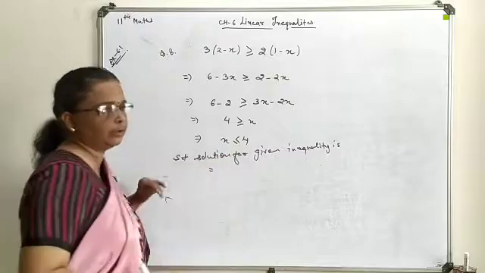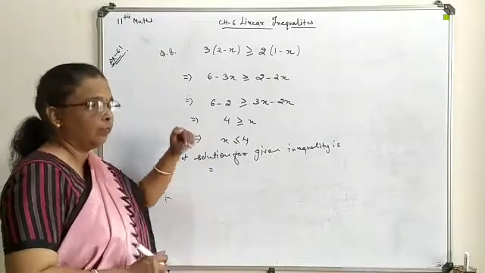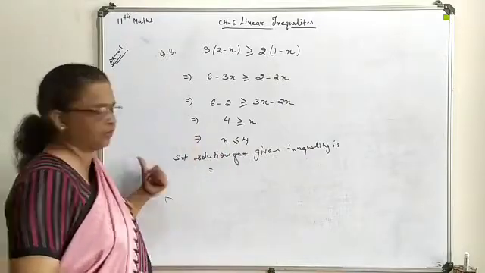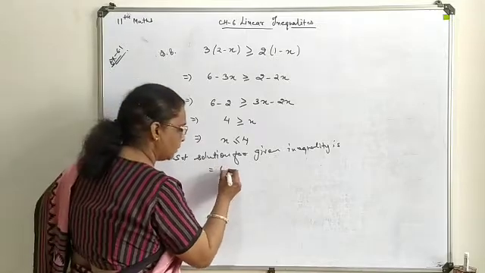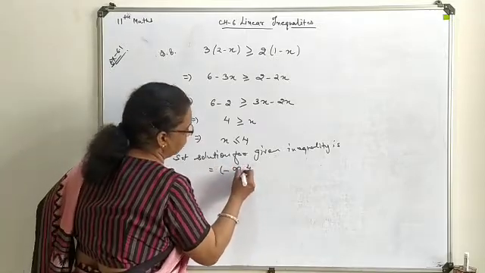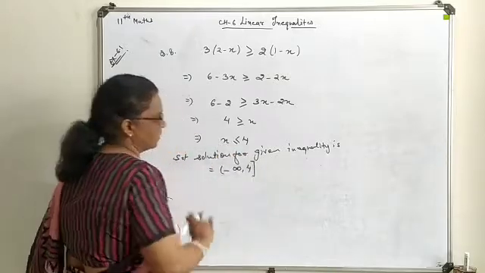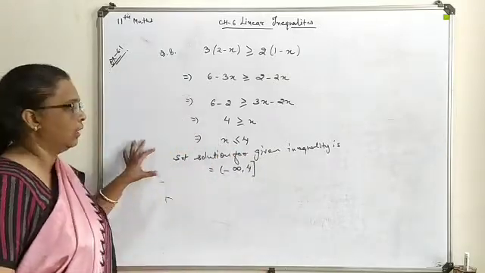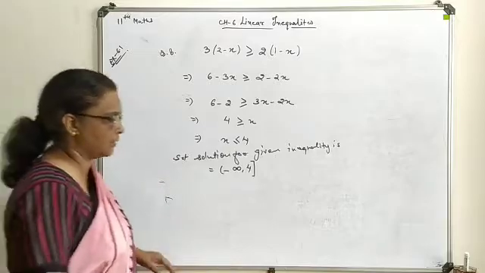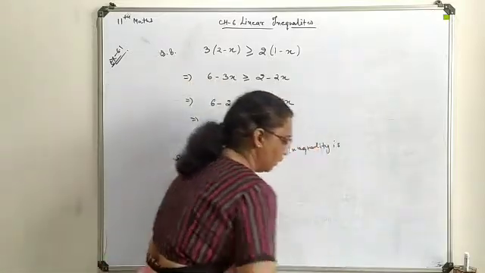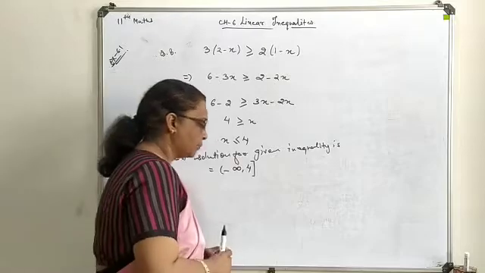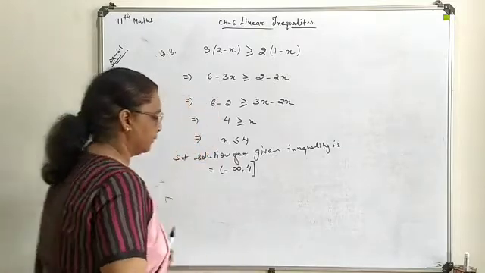When you are talking about the real system, less than 4 means you will move towards negative infinity. So its answer will be minus infinity to 4, and because of the equality sign you have to use a closed interval. This way you can write your answer. Now next we are going to move towards question number 11.